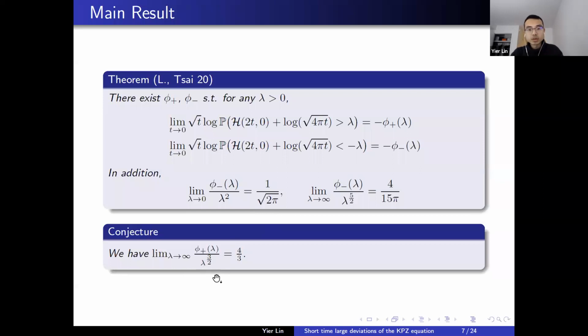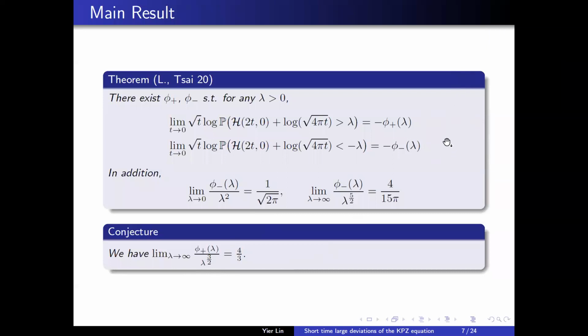Okay, I will pause for questions. Is this brief introduction and the main result clear? Why is the result only for positive lambda? Is this a limited result, or is it trivial to see the other side of lambda?